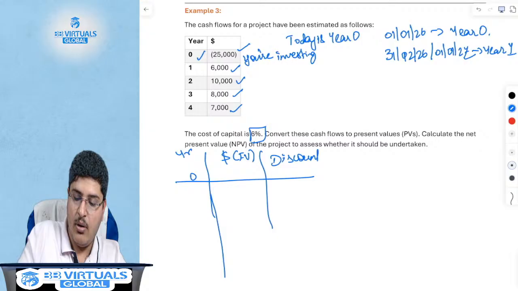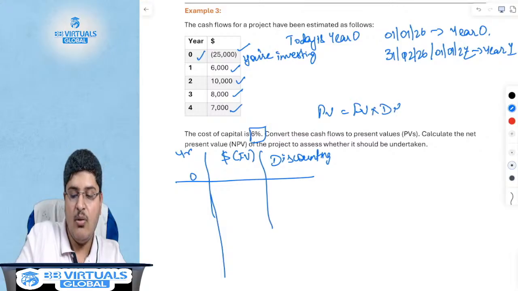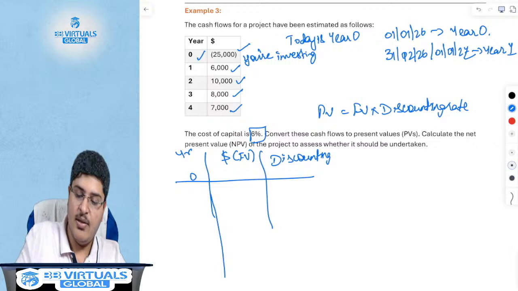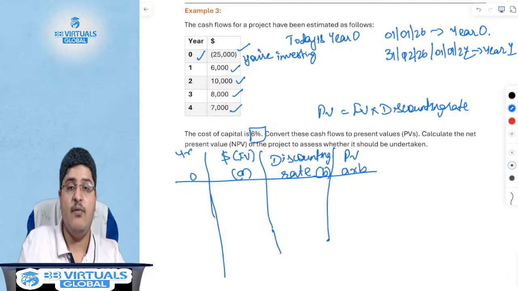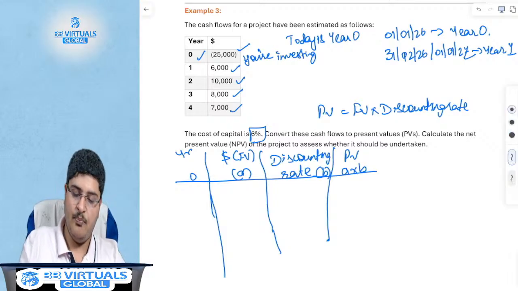If you remember, the present value is nothing but future value into discounting rate. So if this is A and this is B, A into B will give you your present value.